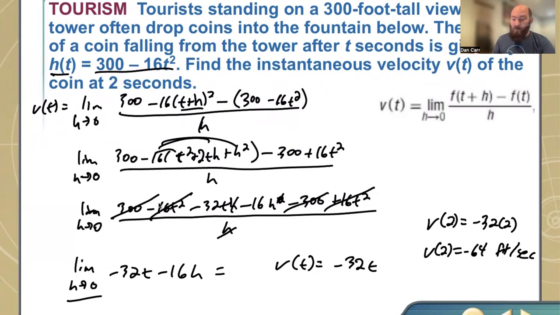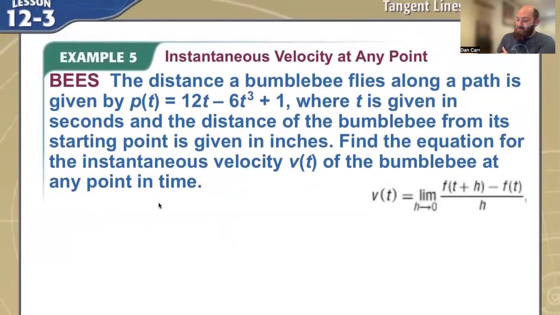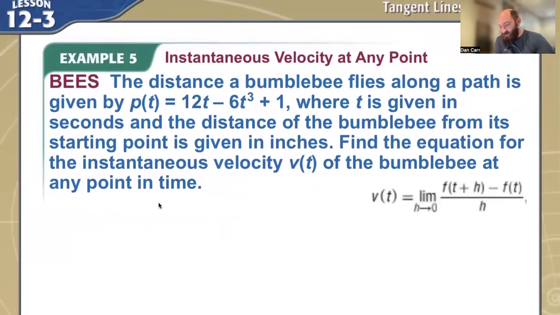Moving on to our next one: the distance a bumblebee flies along a path is given by p of t equals 12t minus 6t cubed plus 1, where t is in seconds and the distance from its starting point is in inches. Find the equation for the instantaneous velocity of the bumblebee at any time.